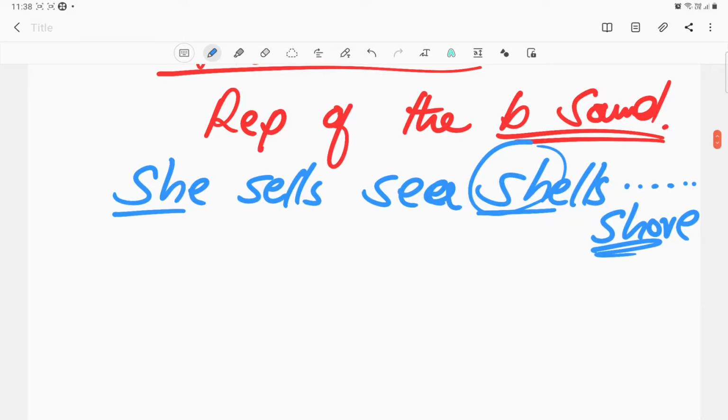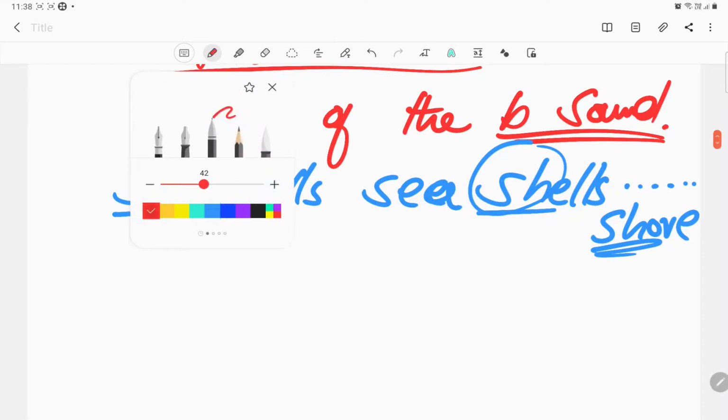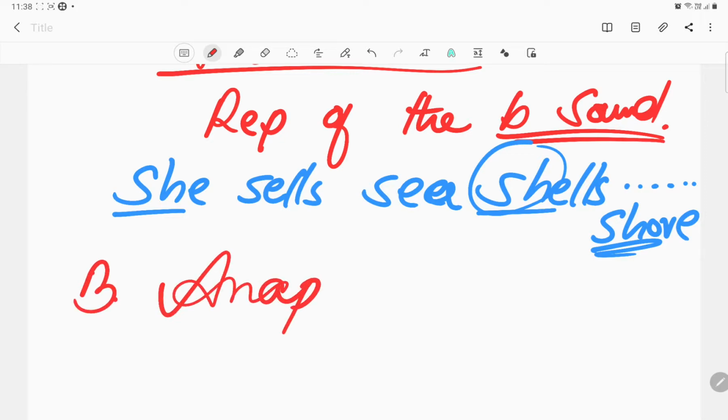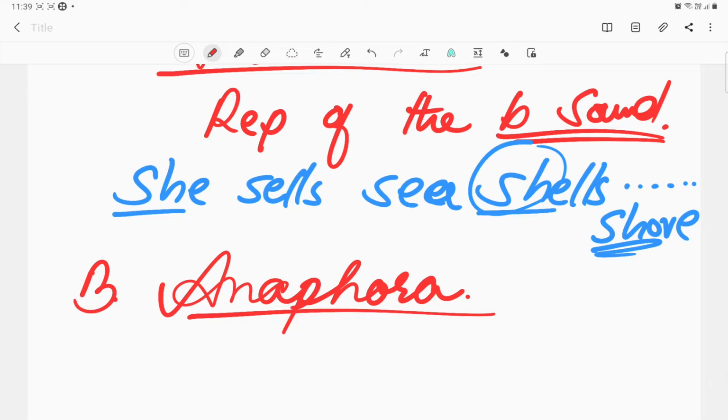Now we move on to the second one, called anaphora. What is anaphora? It is also a technique employed in the English language, in literature, where several phrases or words begin with the same word or words.